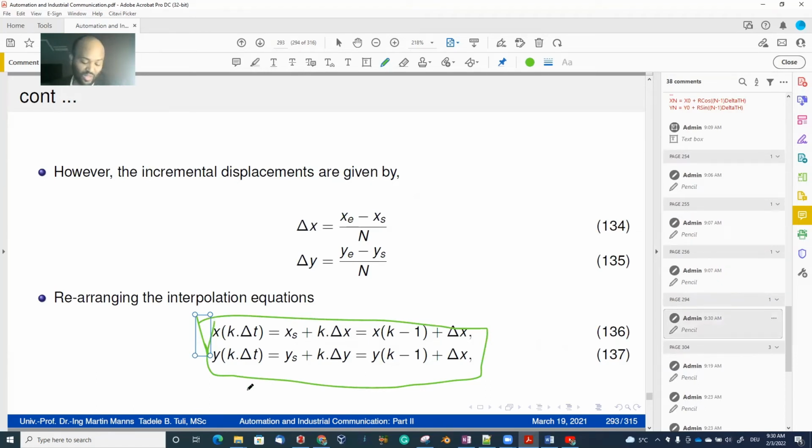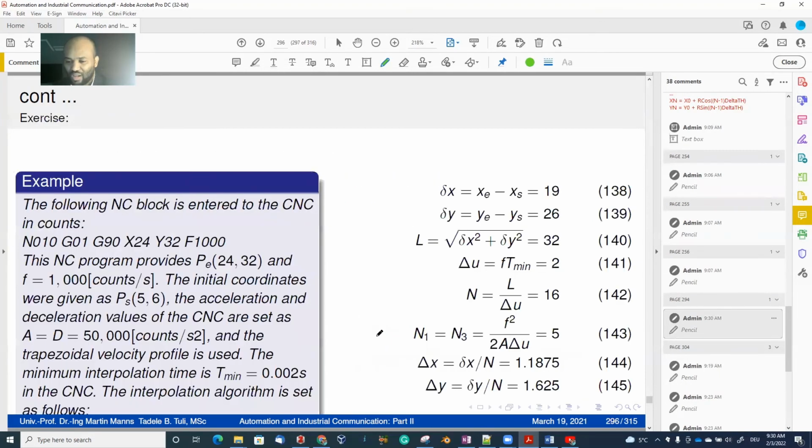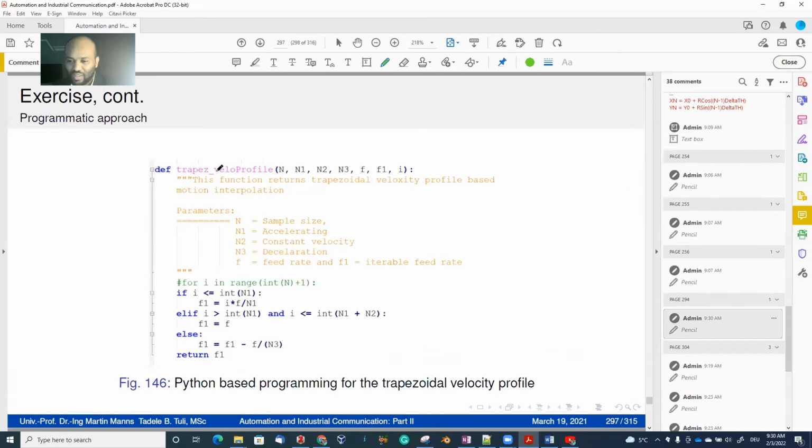Now, the point here is, if you design a new NC machine, and you write G01, it doesn't do anything by itself. So you have to develop an algorithm which interprets this mathematics into G01 and G02.